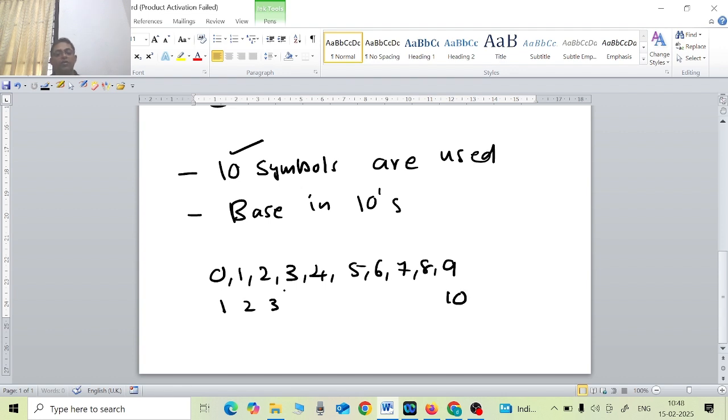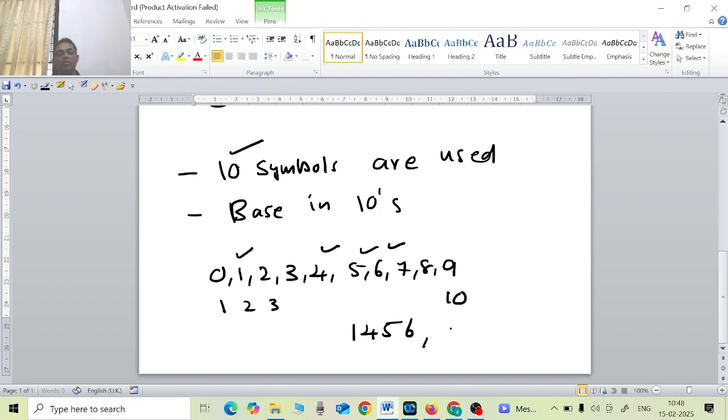If you count, we get 10 symbols. Any number in the decimal number system consists of these symbols or digits. For example, let us take a decimal number 1456. It just uses the digits 1, 4, 5 and 6.